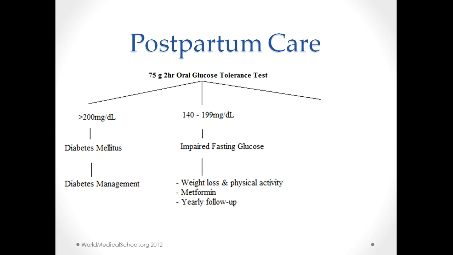Metformin may also be used in combination with lifestyle modification and a yearly follow-up as well. However, if less than 140, it means it's normal. But still, you have to encourage weight loss and physical activity and check up every 3 years.